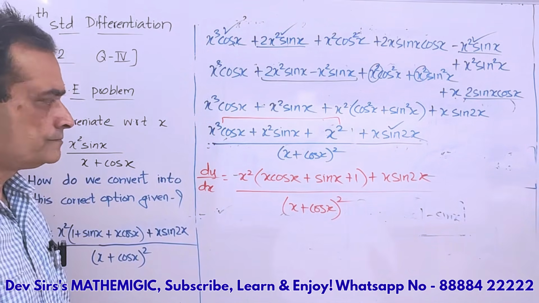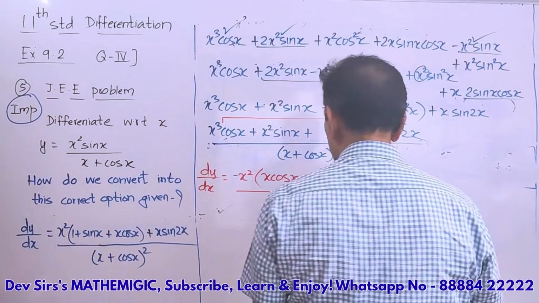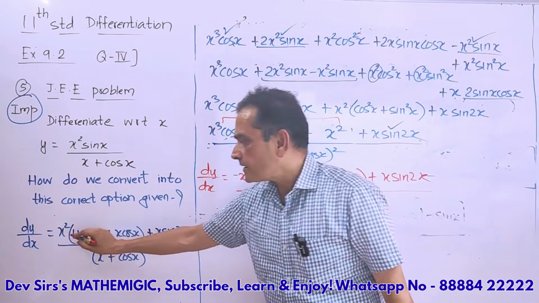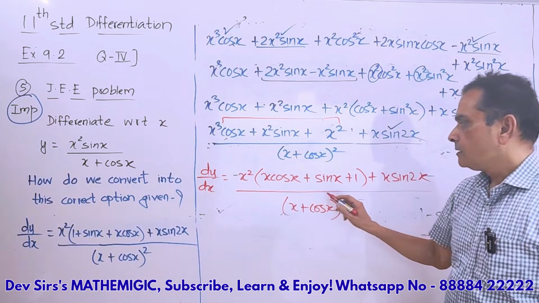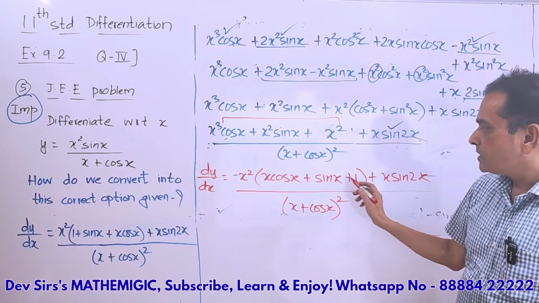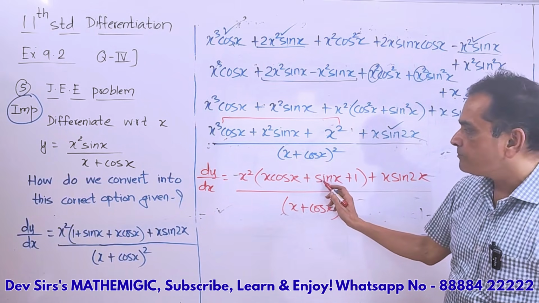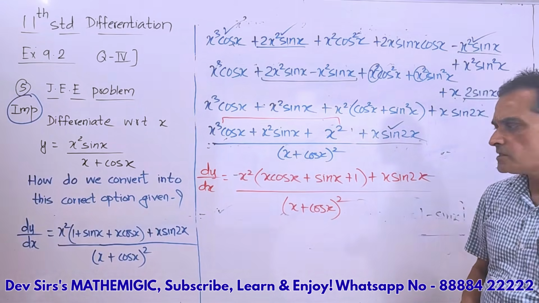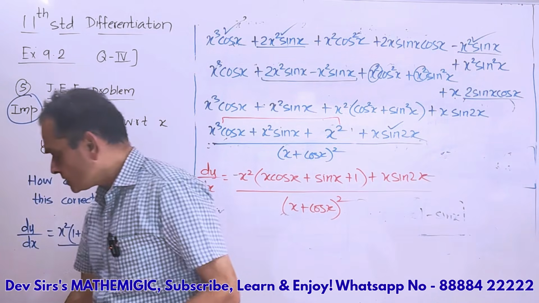That's it. Option में what is given? x squared common. They have just rearranged the terms: 1 plus sin x plus x cos x. So you can just rearrange the terms and write the answer.